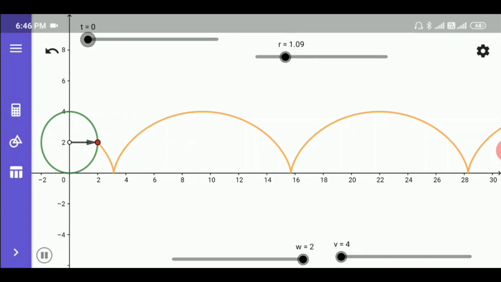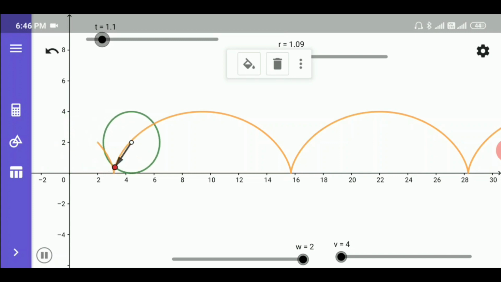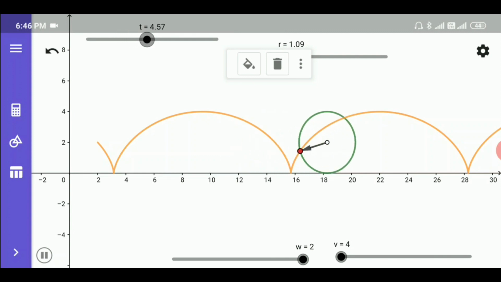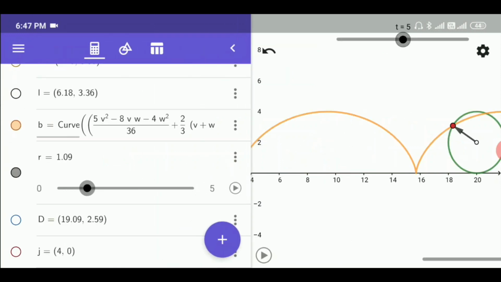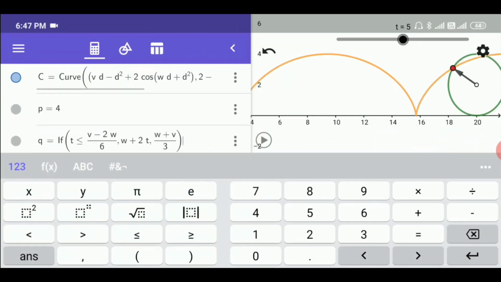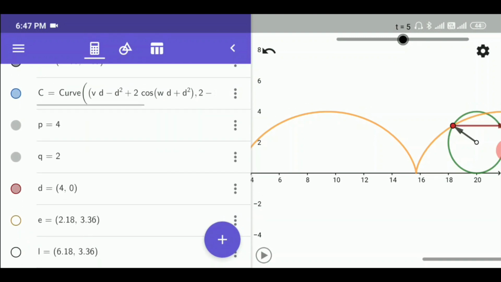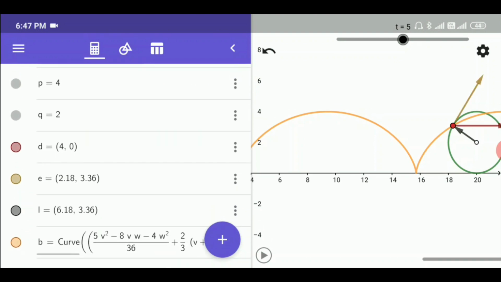You can see it again if we play like this, how it rolls. If you want to see it with vectors, I can also introduce those. Those are the velocity vectors I am talking about, this and this.